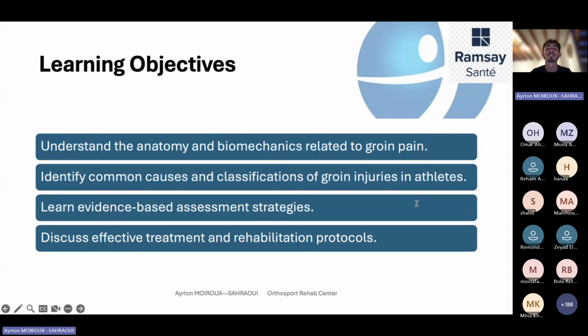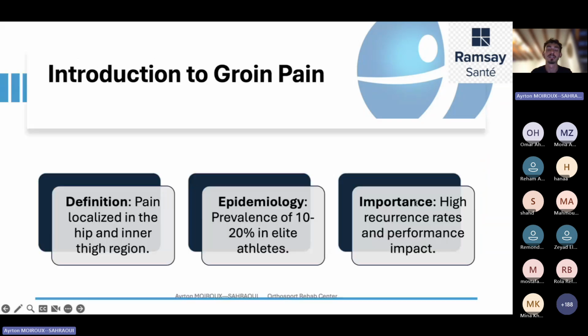These objectives will serve as the roadmap for our discussion today. Groin pain is a multifactorial condition that commonly affects athletes engaged in high-intensity and multi-directional sports. It is defined as pain located in the hip and inner thigh region, which can stem from a variety of causes, including muscle strains, overuse injuries, and even referred pain from other structures.